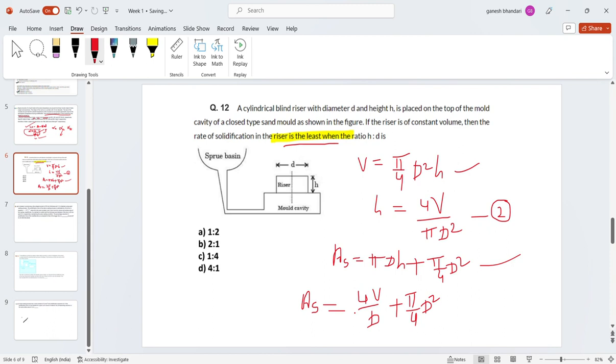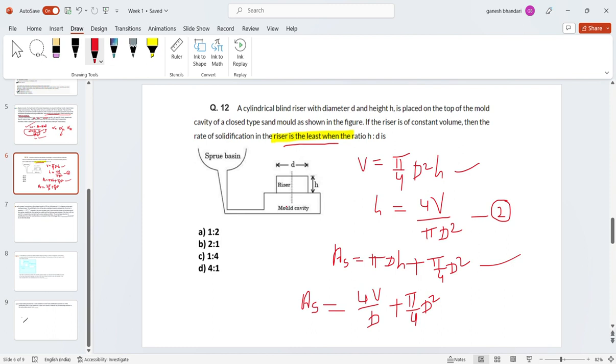So the pi dh is because we're talking about your peripheral area, and pi by 4 d square is because the bottom part, one part, is not in use.